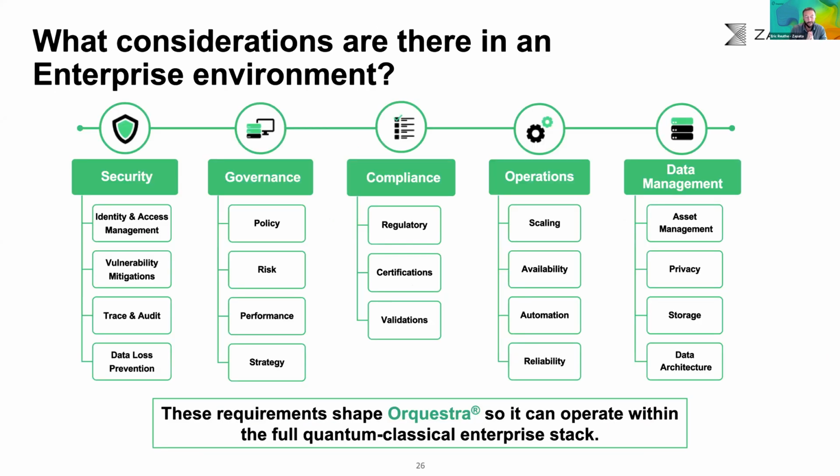And so there's also a lot of invisible requirements that shape your solution, because we are talking about running these things in an enterprise. We need to be concerned with security, overall governance, in some industries compliance and regulatory, and overall operations. So we need to be able to scale our solutions, make sure that they're highly available, reliable, and have deployments automated. And then, of course, there's data management issues as well: storage, privacy, and actually architecting the data.